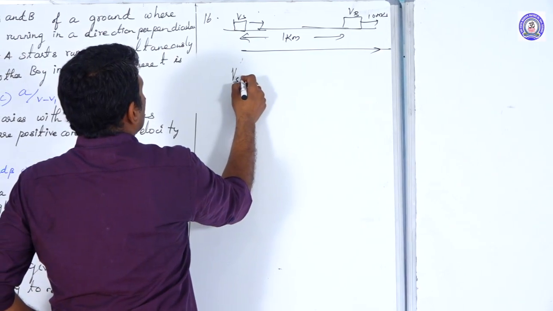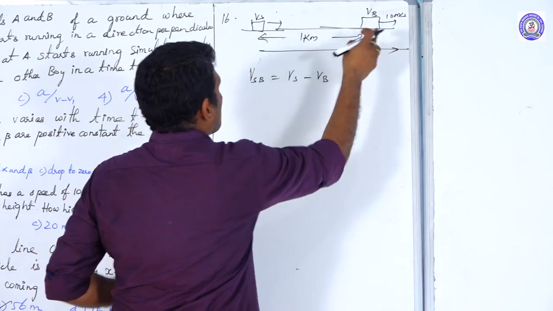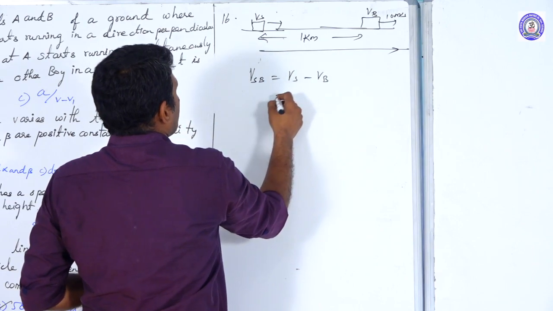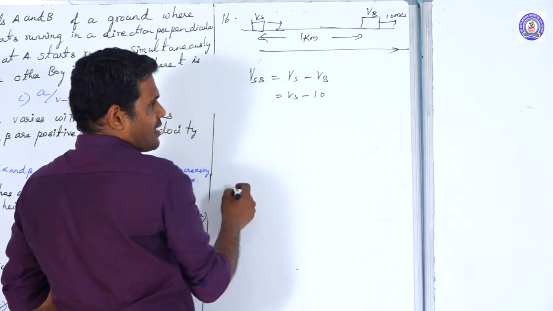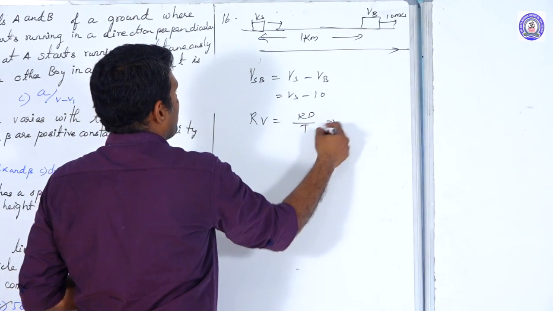The velocity of the scooterist with respect to the bus is Vs minus Vb, as both are moving along the same direction. Velocity of the bus is given as 10 meters per second, so Vs minus 10. Vsb is the relative velocity. Relative velocity equals relative displacement divided by time.